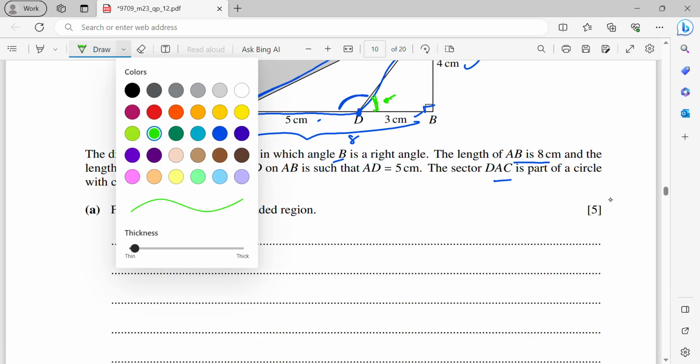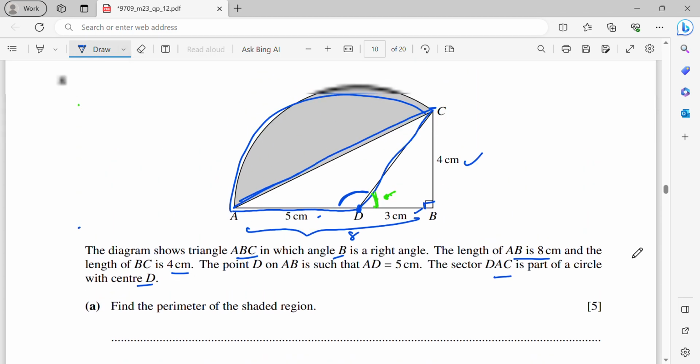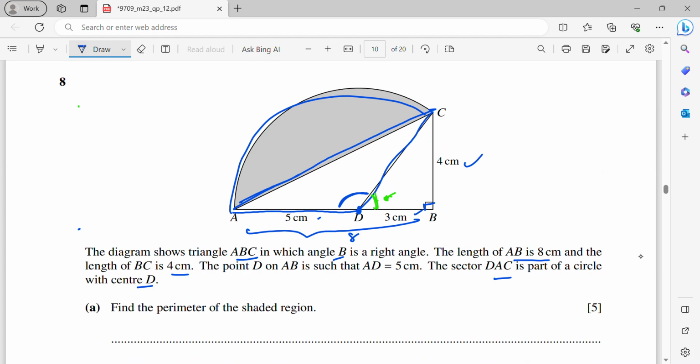So now when you look at the triangle BDC, this angle BDC, now this 4 is the opposite side of the angle, and then the 3 is the adjacent side of the angle. So you have opposite and adjacent, that means this is tangent. So I'm going to write tangent angle BDC is 4 over 3.